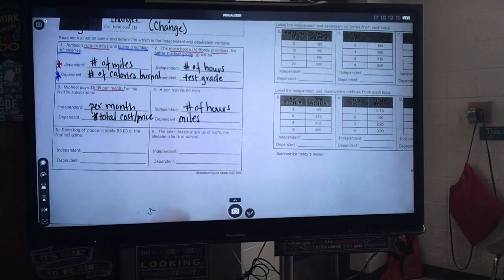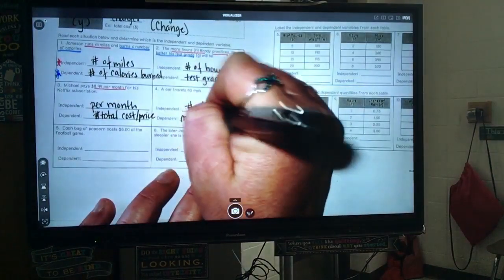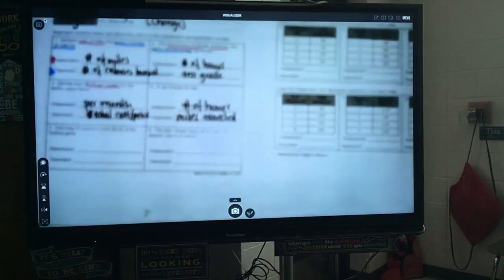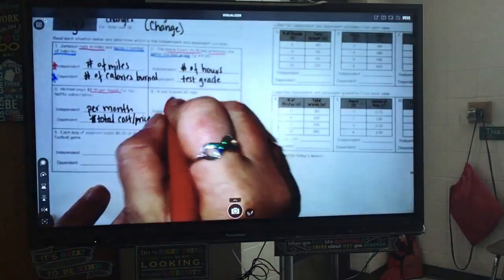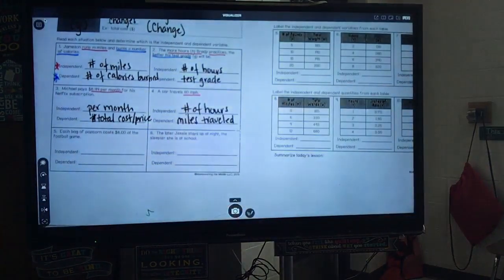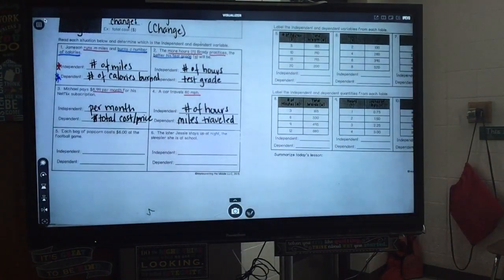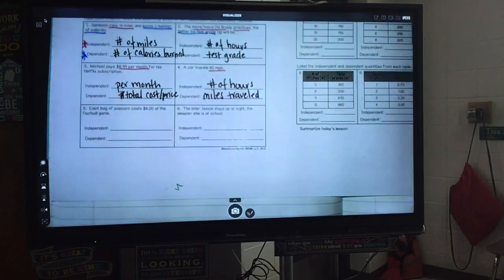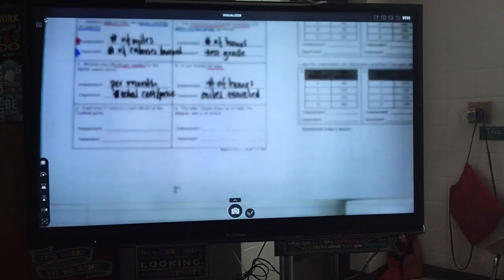Yes. Miles traveled, or total miles, however you want to say that. So again, our independent is 60 miles per hour. Alright, you and your group members are doing number 5 and number 6. Stand up when you have your answer.